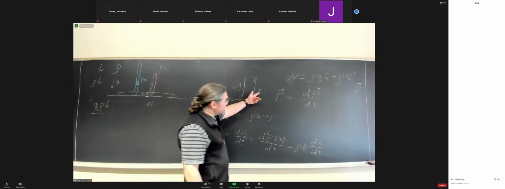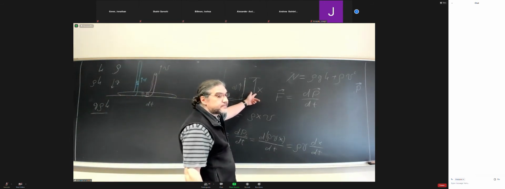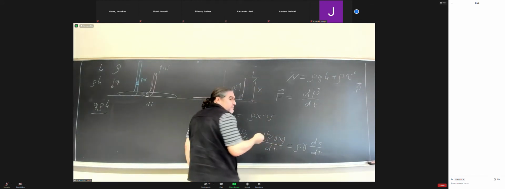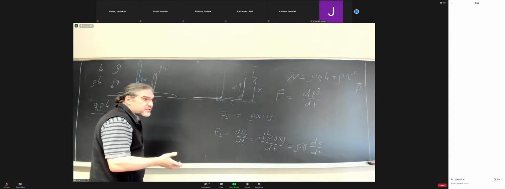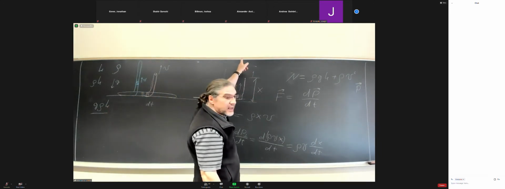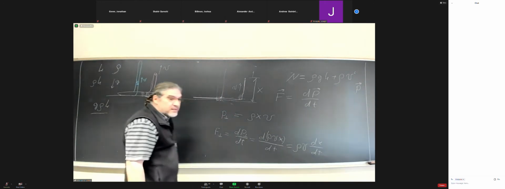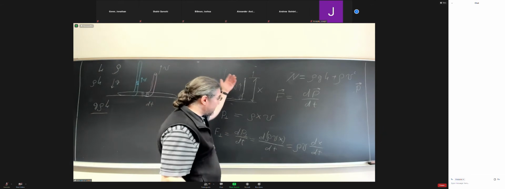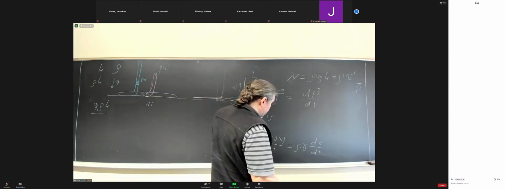Dx over dt is how fast x is changing, and that's exactly the velocity of the head. X is the vertical coordinate of the head of the snake, so dx over dt is the vertical velocity of the head, which is v.